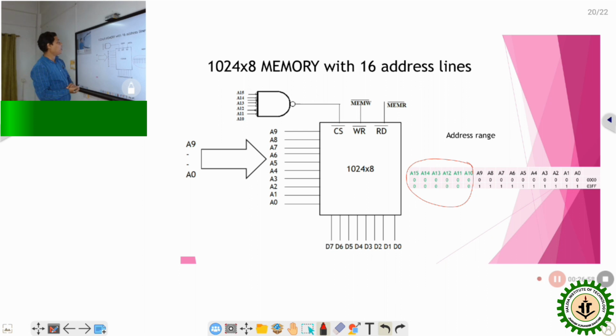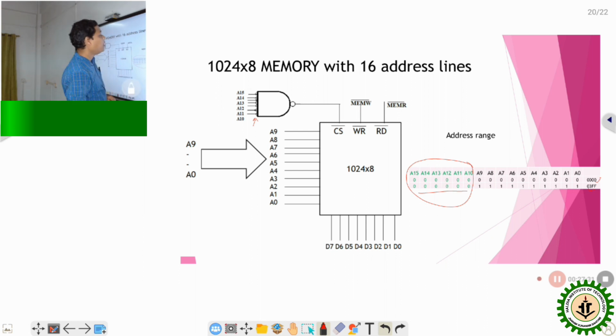So in this particular picture, it is shown that all the lines are connected with a NAND gate through NOT gates, so the signal must be equal to 0. All the lines A10 to A15 must be equal to 0, and in that case only the chip will be selected, and for this purpose the memory address will vary from 0000 to 03FF.